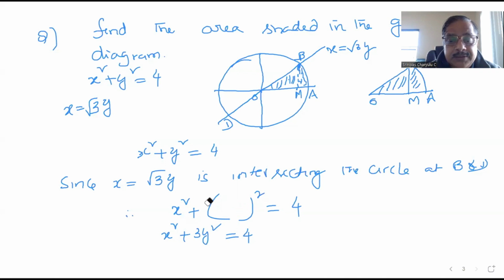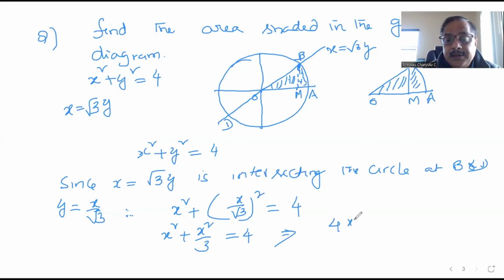Here we must write x by root 3, because in the place of y we should write this. So y is equal to x by root 3. Therefore, from this equation, x square plus x by root 3 whole square is equal to 4, or x square plus x square by 3 is equal to 4.